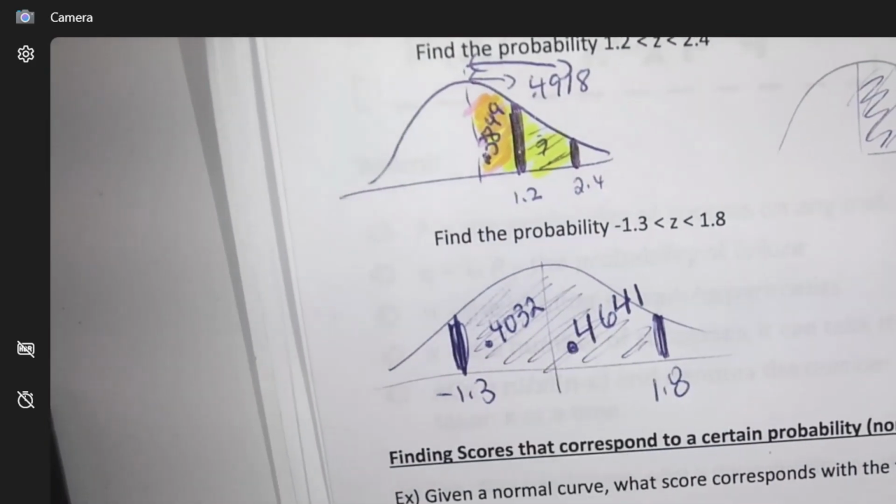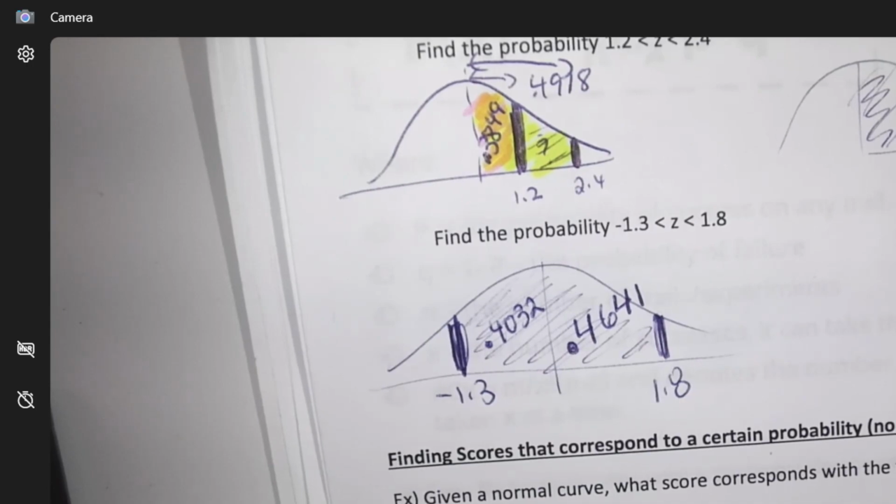Okay, so what would you have to do with those numbers? You have to add them, right?